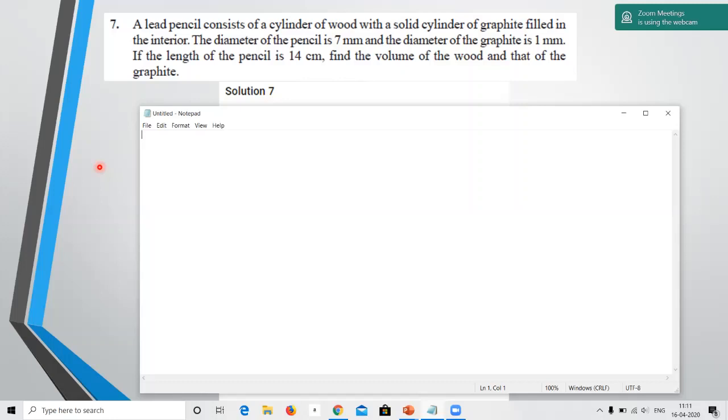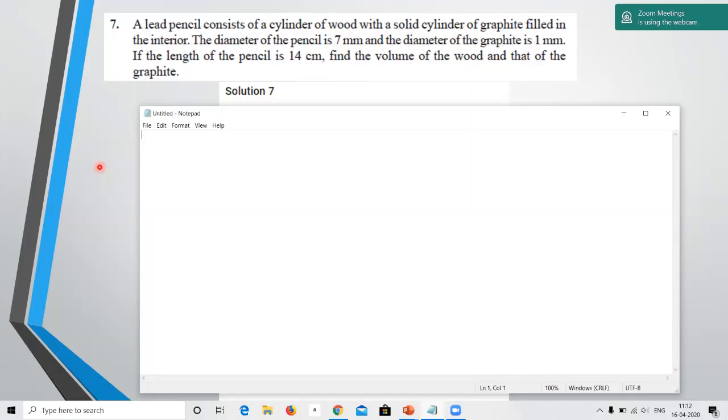So basically it is like a hollow cylinder, a cylinder in which another solid cylinder of graphite is kept. If you draw. Ma'am, should we find both the volumes? Yes, both the volumes. Radius is going to be 1 by 2 millimeter.